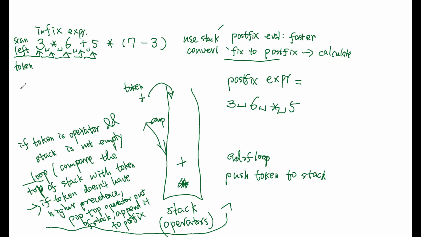Okay, so this is going to be our first question. If the token is a number, quiz 1 question: what do we do if the token is a number? We add it to the postfix expression.